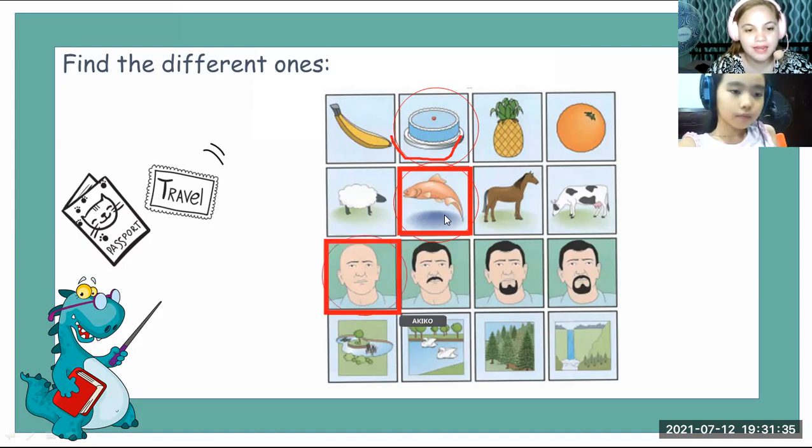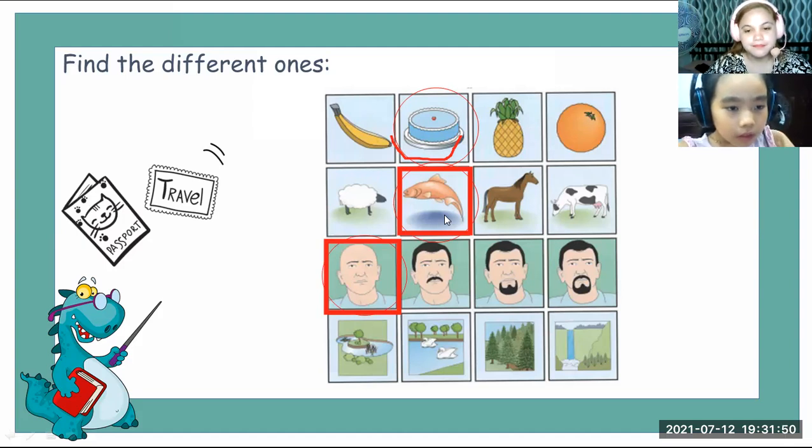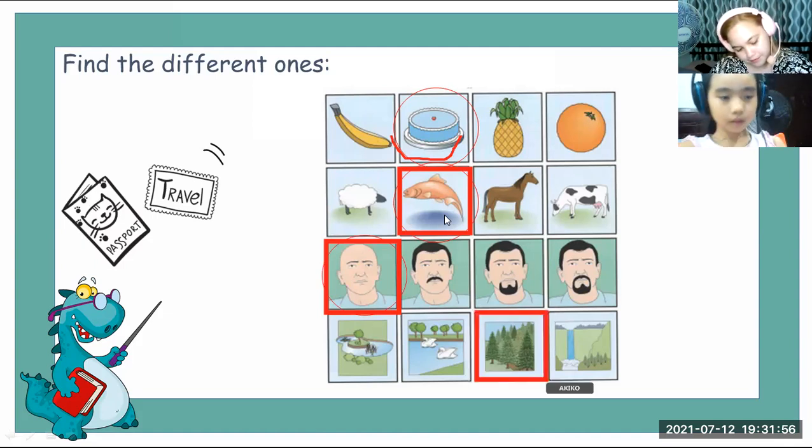Okay, why do you say that? Because this man hasn't got hair. Yes, very good. And last one, which is different? Swan.